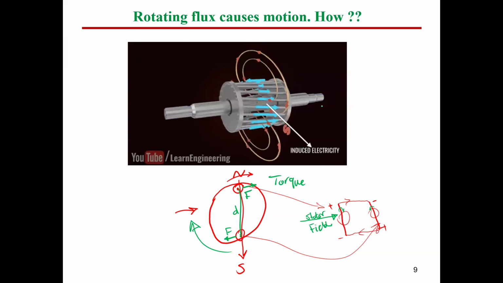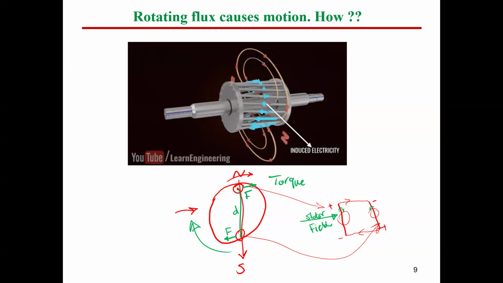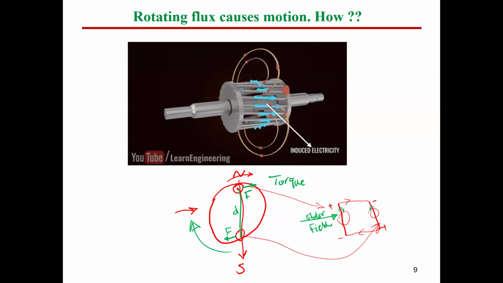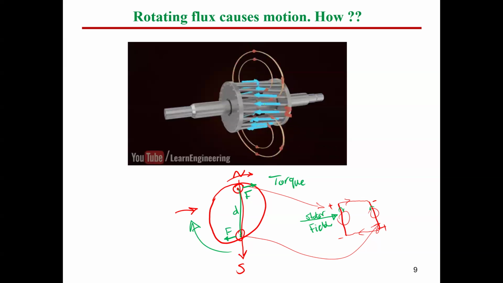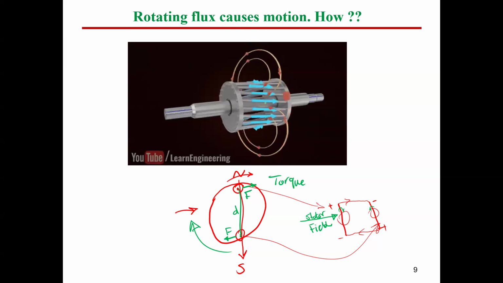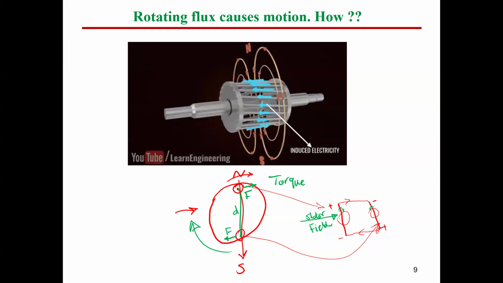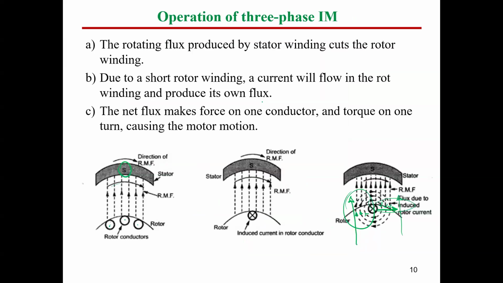And as you can see here, guys, this is the shape of the rotating rotor and the direction of the current, and even here the induced voltage magnitude increasing and decreasing according to the direction of the flux. So this is the concept and the operation of the induction motor.